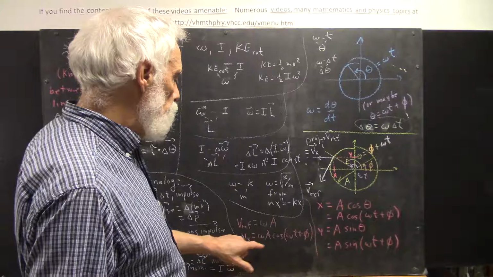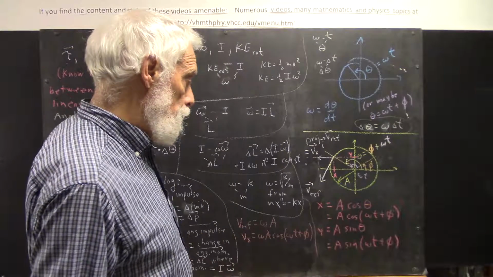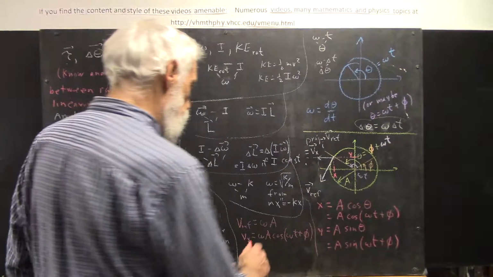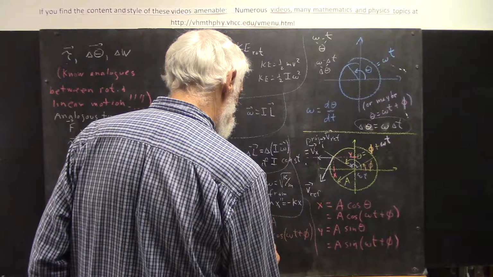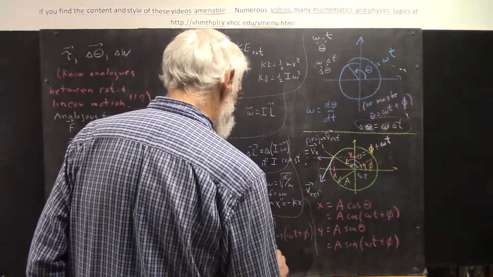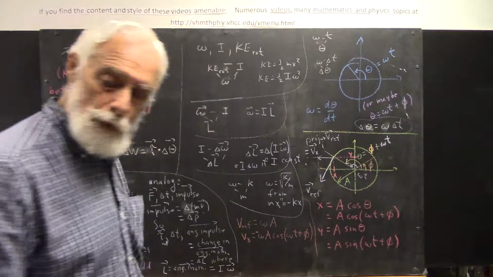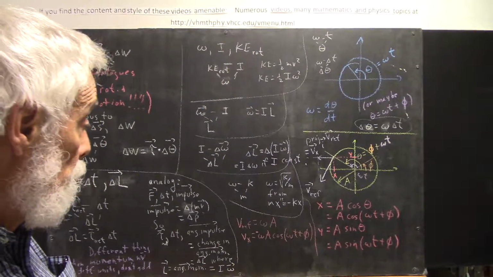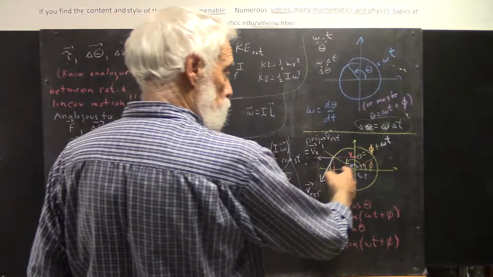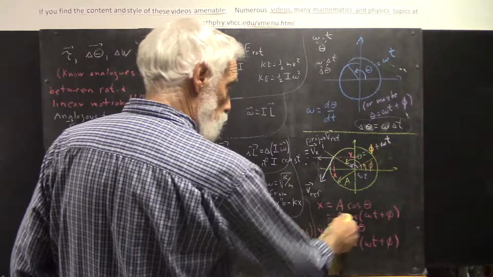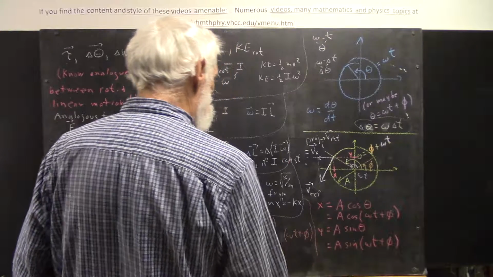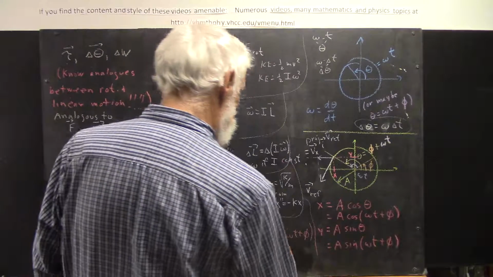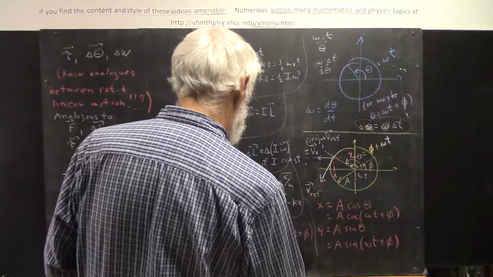Our Vx is omega A times the cosine. I'm sorry. It's negative omega A times the sine, because we're talking about the x component here, which is a cosine. And we can look at the triangle and see why the angle to use is the sine.